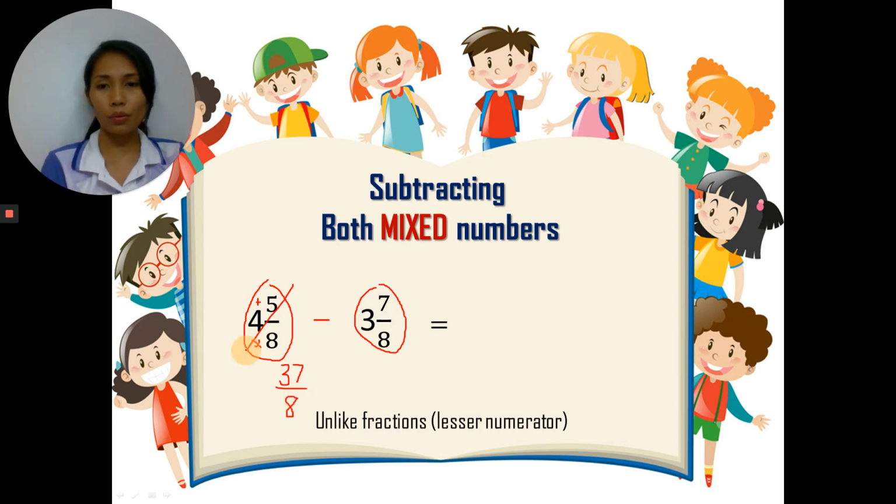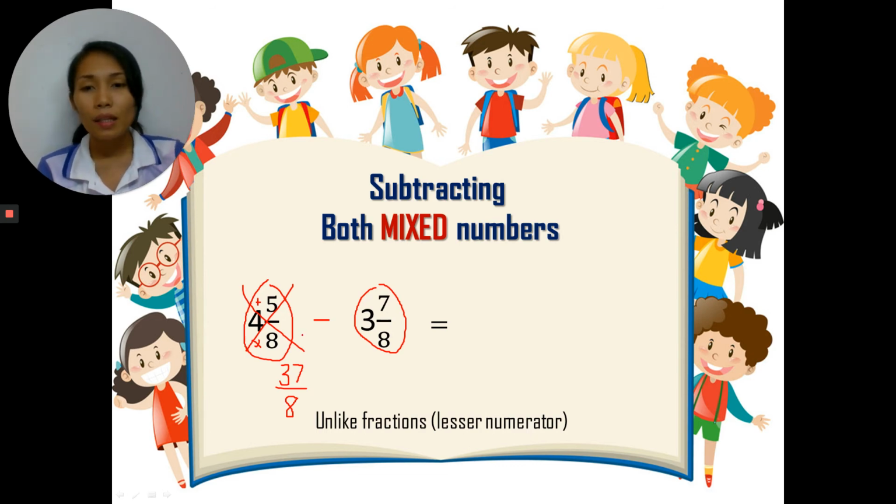Okay, so cross out this mixed number. Now, let's have the other one. 8 times 3 is 24. 24 plus 7 is 31. So 31, denominator is 8. Okay, now we're not going to use these mixed numbers anymore.